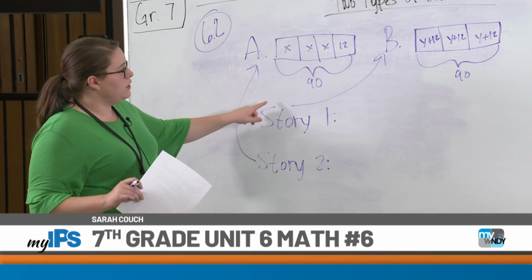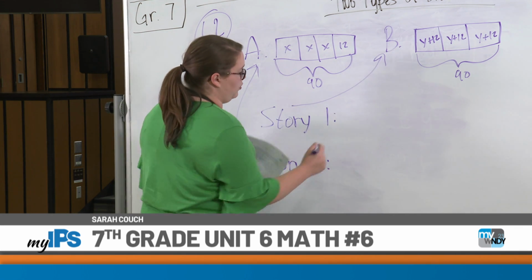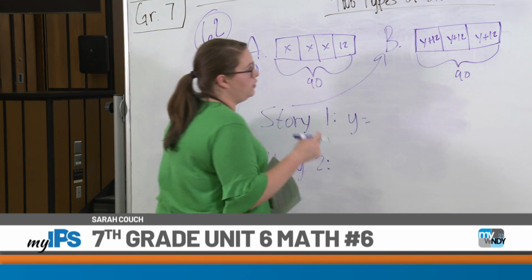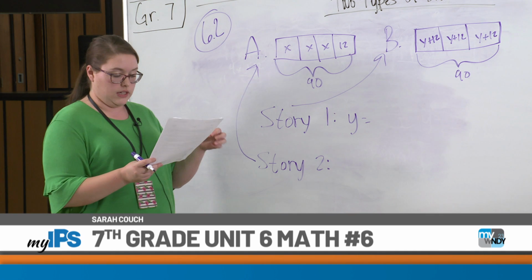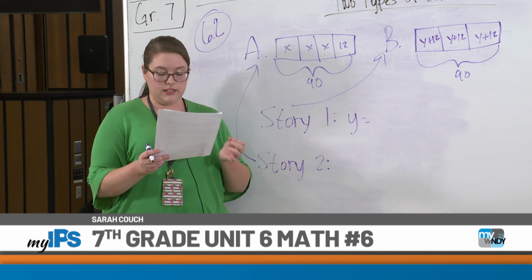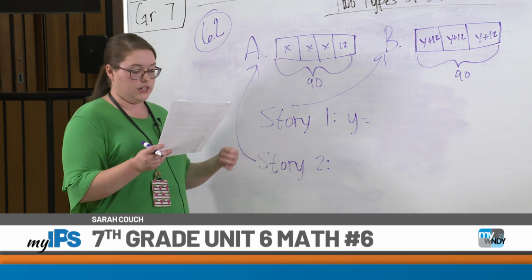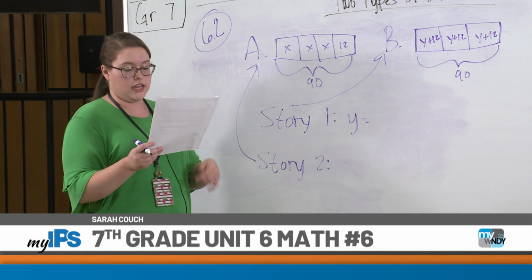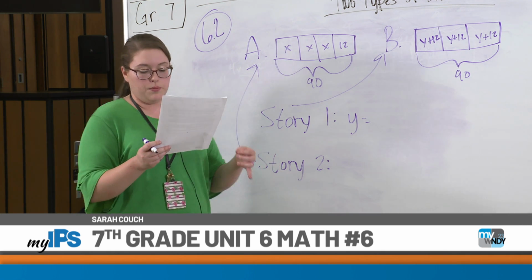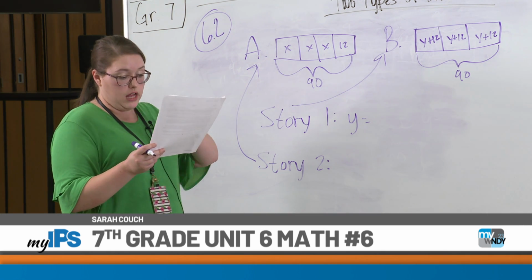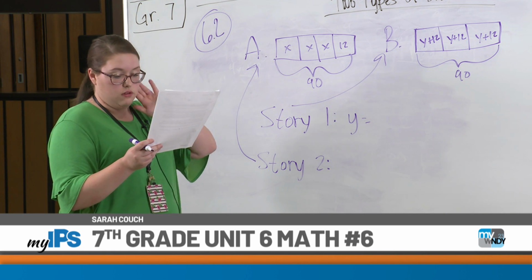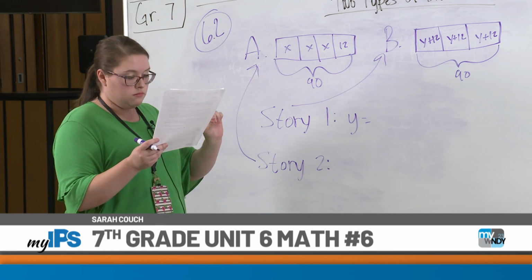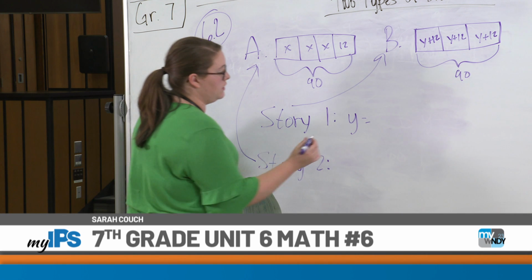All right, so story 1, we have the unknown variable of y. So let's look at story B. So story B states that after giving the same number of flyers to each 3 volunteers, she had 12 left to hang up by herself. So that y represents the flyers that she gave out first to the volunteers. So flyers given to volunteers.